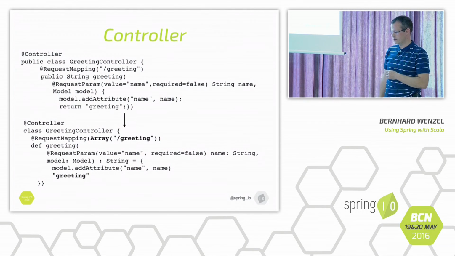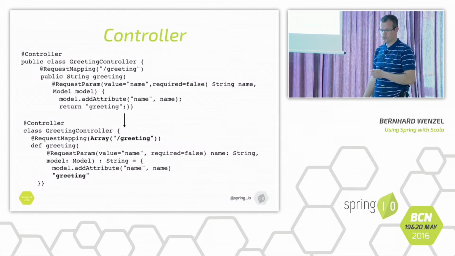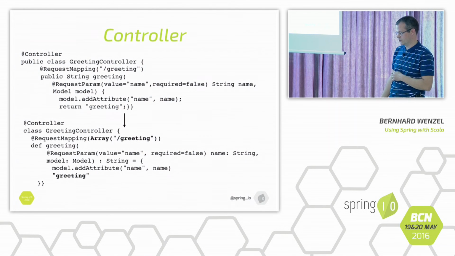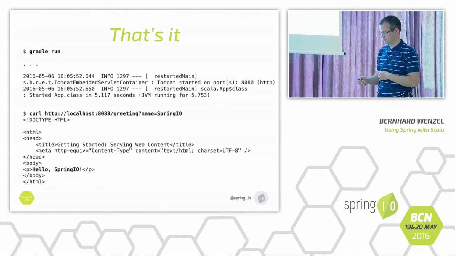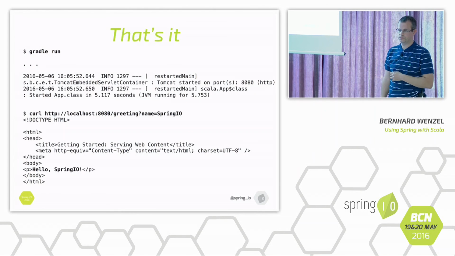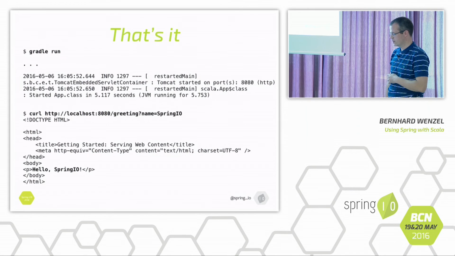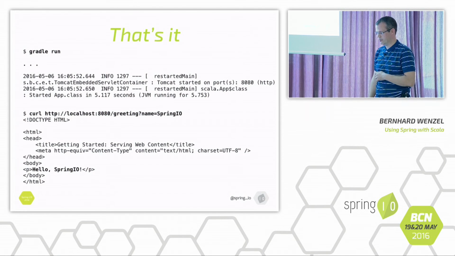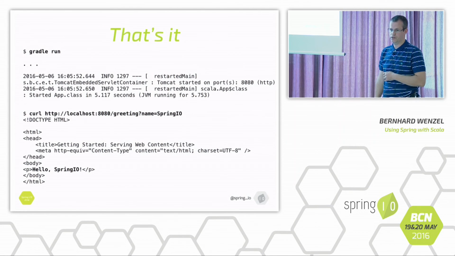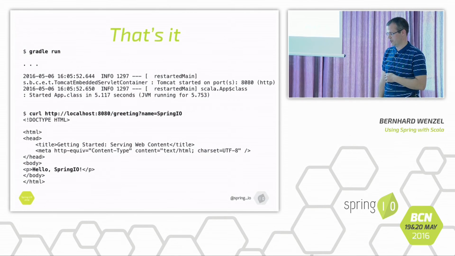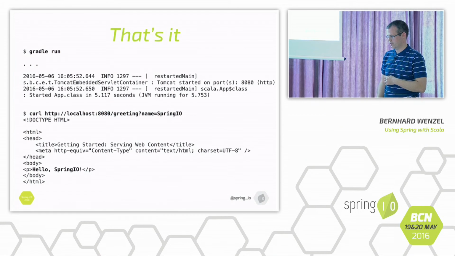So we need to add this, and yeah, maybe you know it, but in Scala you don't really need the return keyword, so we can just return the greeting. And that's it. So you type in Gradle run, you see the container starts up, and you ping the endpoint, providing the parameter, and you get the template rendered as expected.